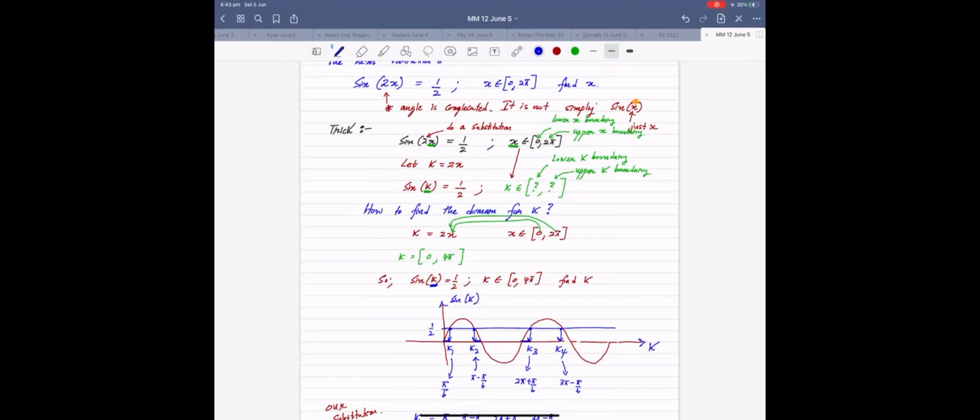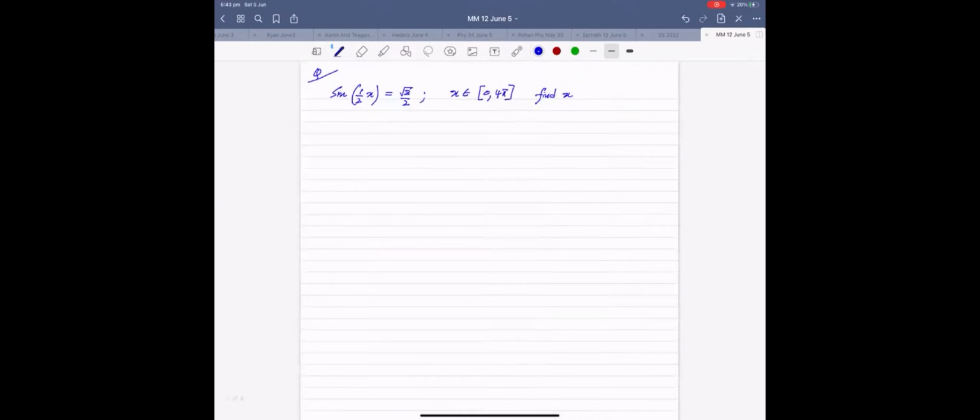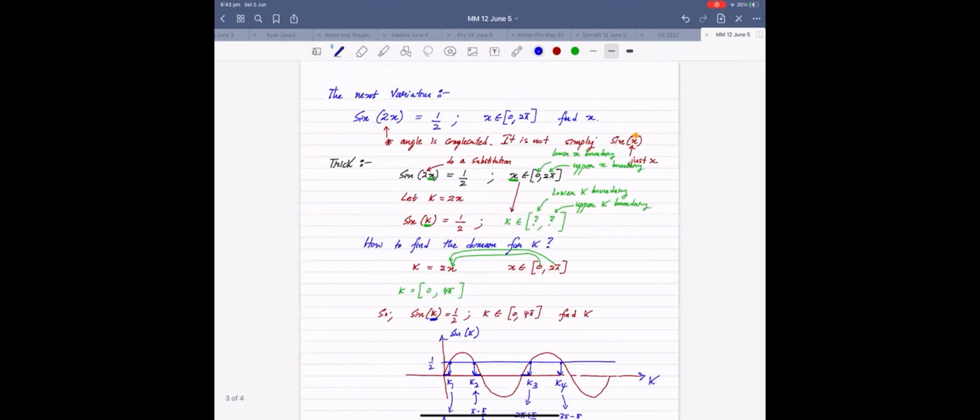Wait, is the first one pi over 6? No, right? Sine pi over 6 is the same as half.